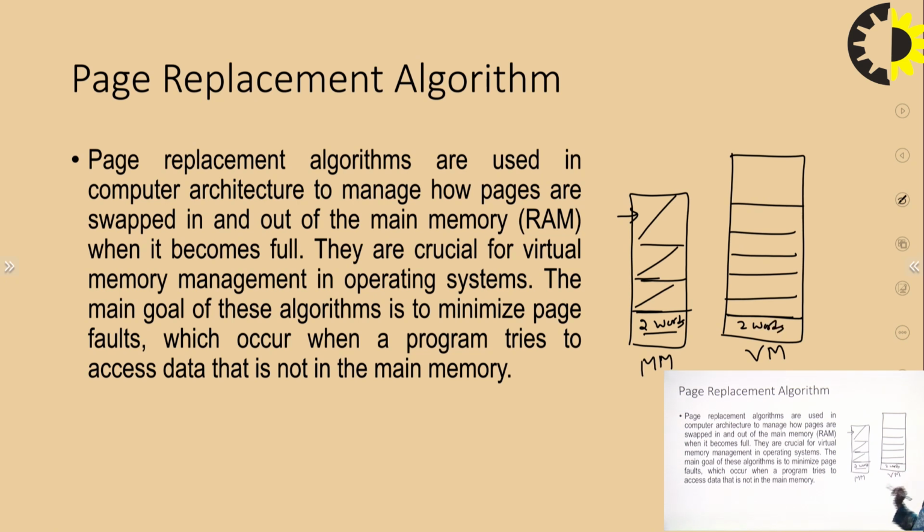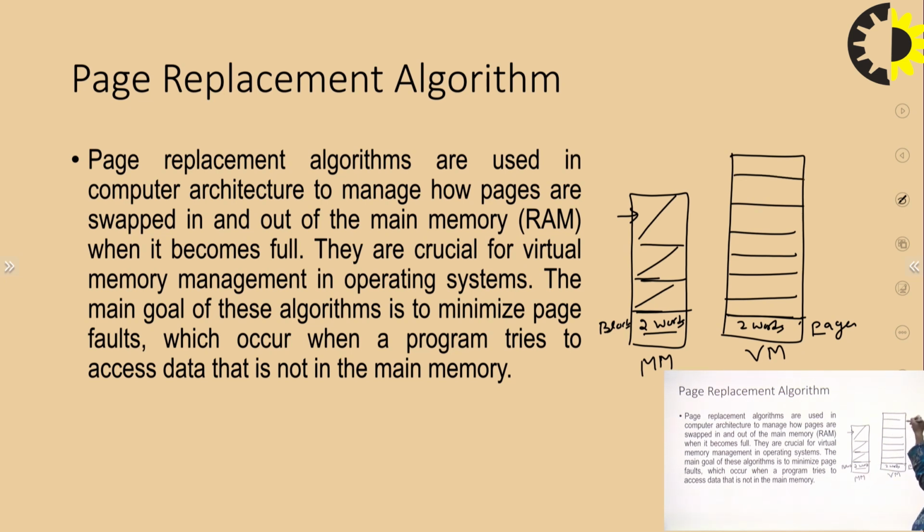And in the virtual memory, these are called pages, and in the main memory, they are called blocks. Fine. And the identification of a block here is called a physical address, and in the virtual memory, the identification of the page number is called a virtual address.